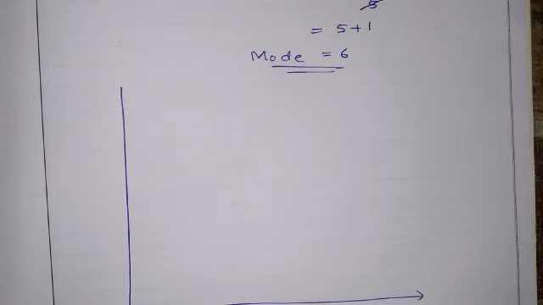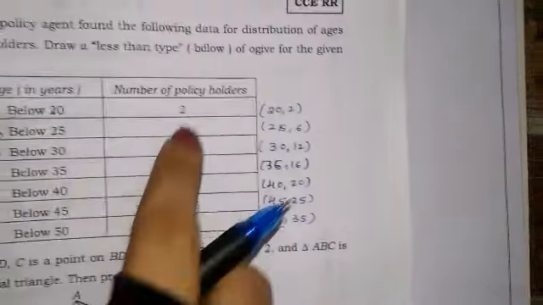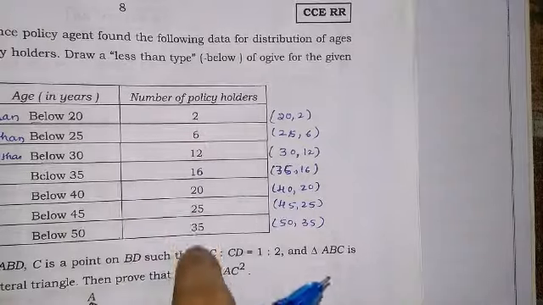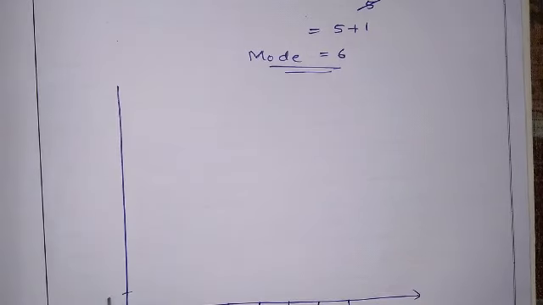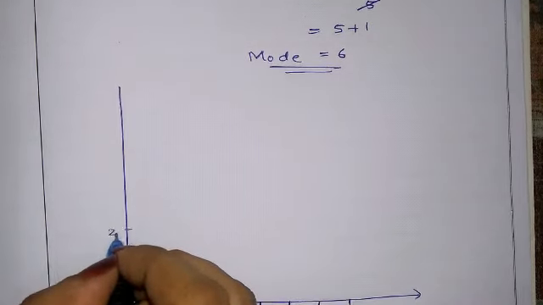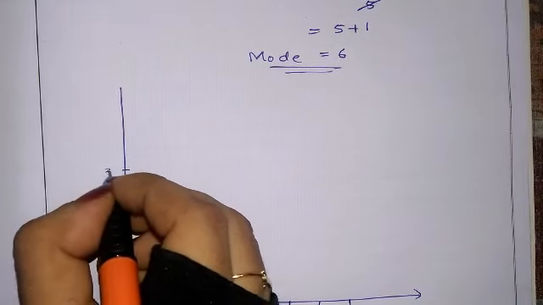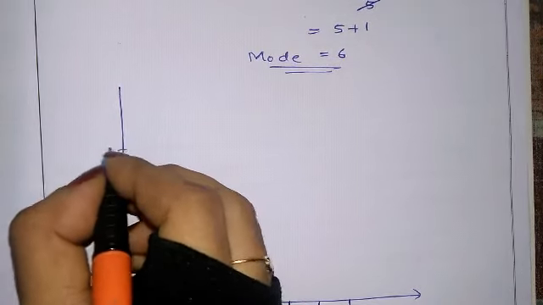20, 25, 30, 35, exactly 1 centimeter you have to take, 40, 45, 50. Okay, then here you can see 2 to 35. We can take 5, 10, 15, 20, 25, 30, 35, and 40.